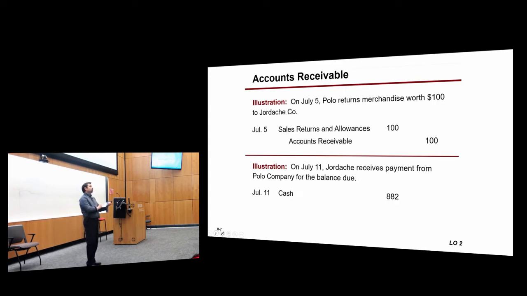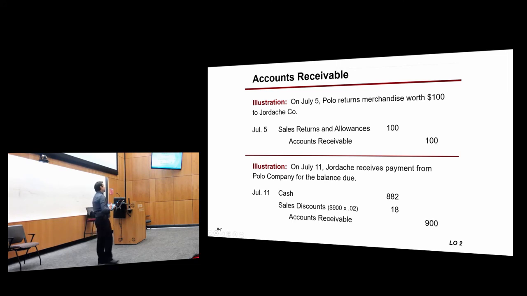So how do we do that? Cash would be the full amount minus the discount. Then we have sales discount, which is 2% multiplied by the net sales. Remember, not the ones that were returned. Accounts receivable would be credited for $900. Okay?